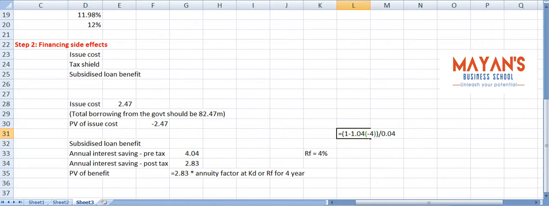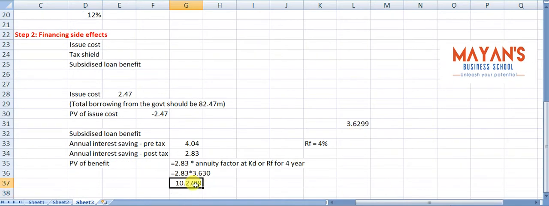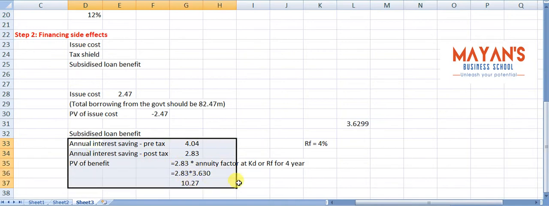It has to be a power sign here. So you get 3.6299. So here I can say that will be 2.83 multiplied by 3.6299, this figure. $10.27 you are getting.